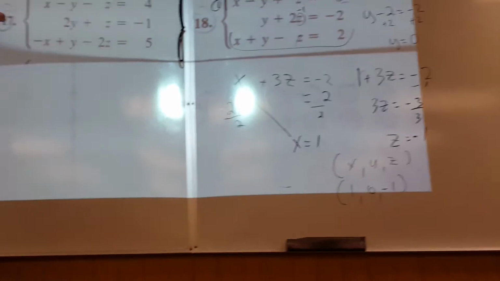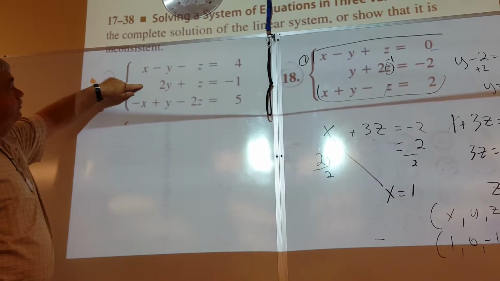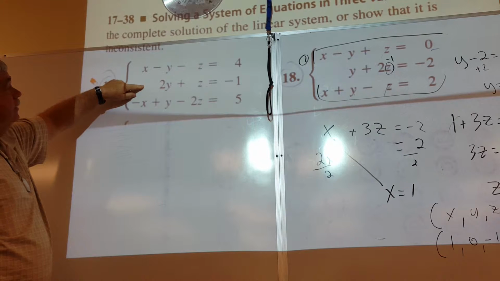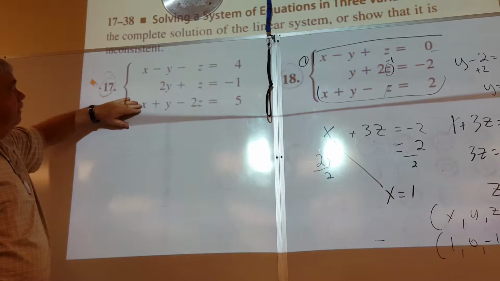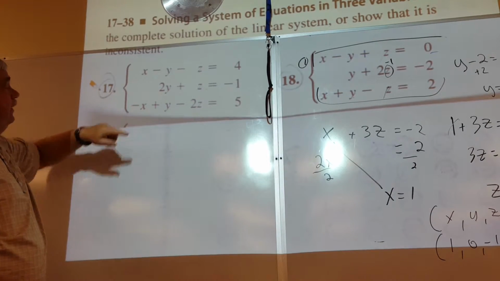See, if you were doing problem 17 right here, this one already is missing a y. So if you added the top to the bottom, that would get rid of the x's.